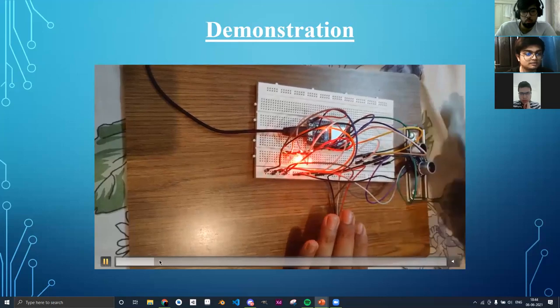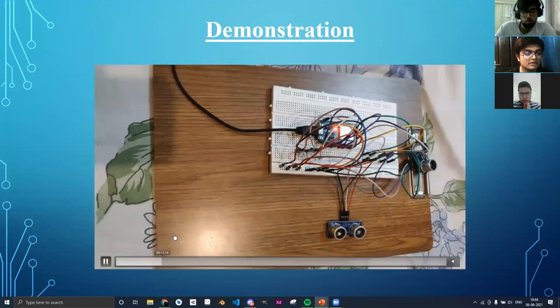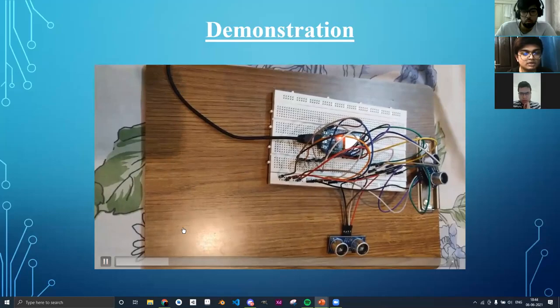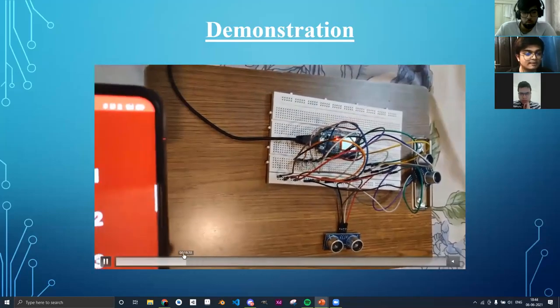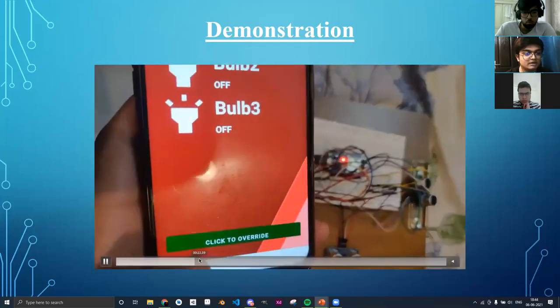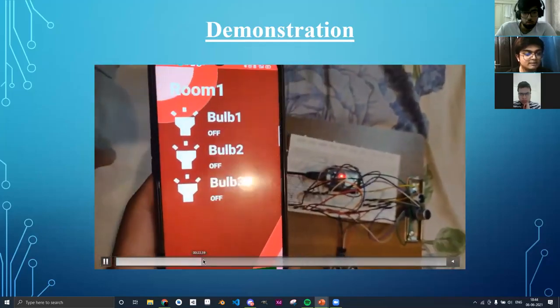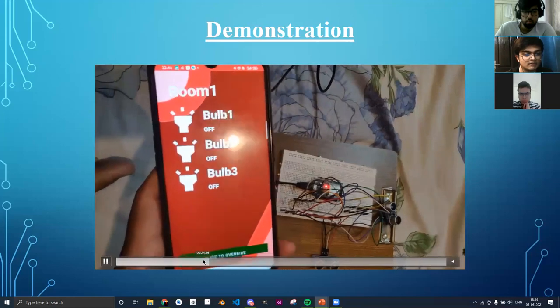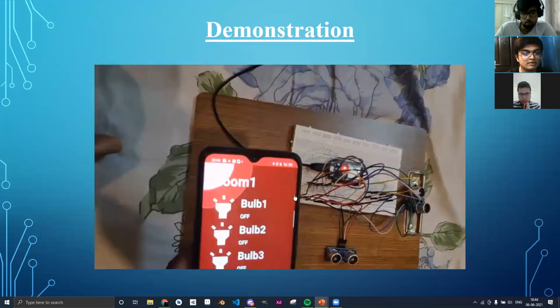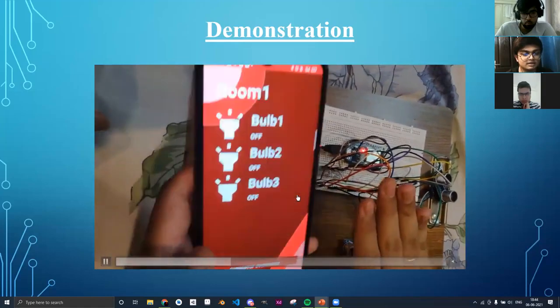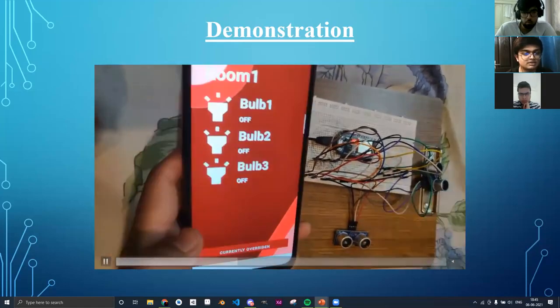Now, moving on. Now we'll be using the Android application to control the bulbs. You can see that when I click on override, it means the ultrasonic sensor will no longer be controlling these bulbs. You can see that the bulb is not controlled by the ultrasonic sensor now.